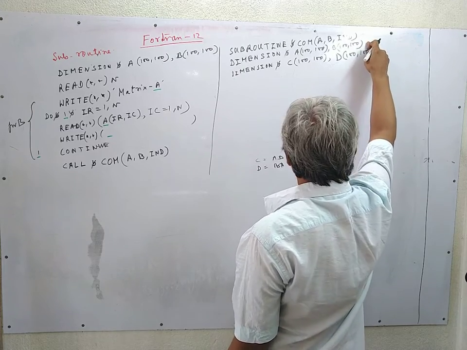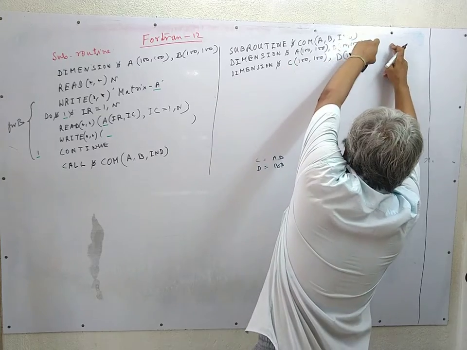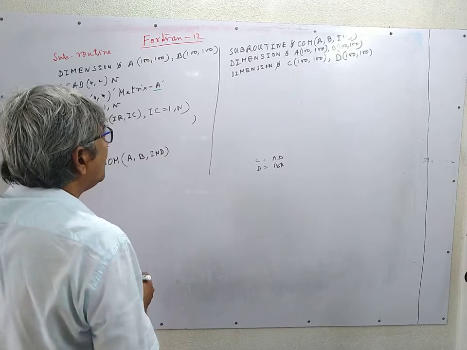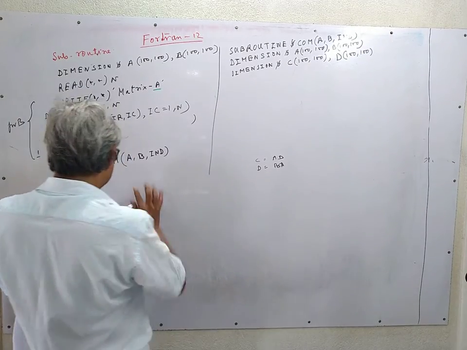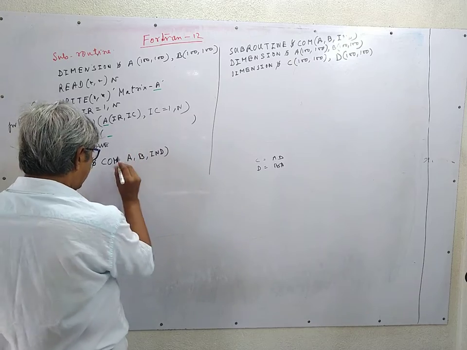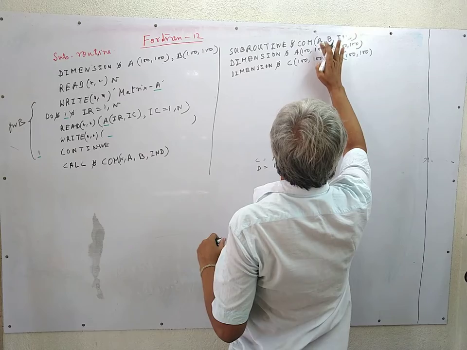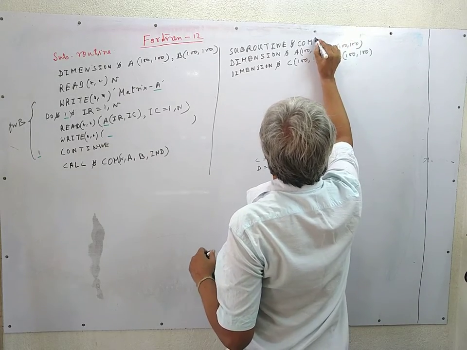If there is space within 72 columns, you can write this here with commas. Oh, another thing that is not given, sorry, n has to be supplied. N has to be supplied.